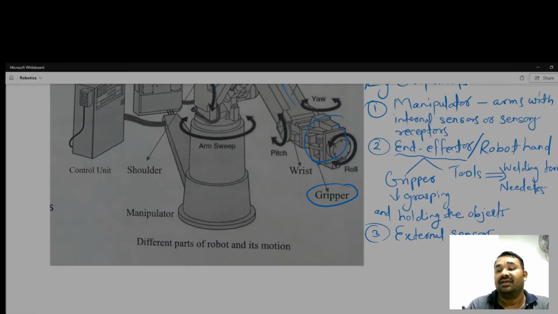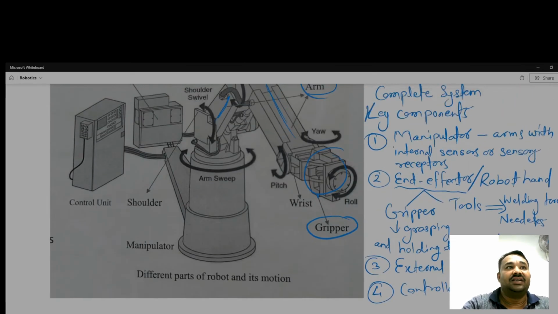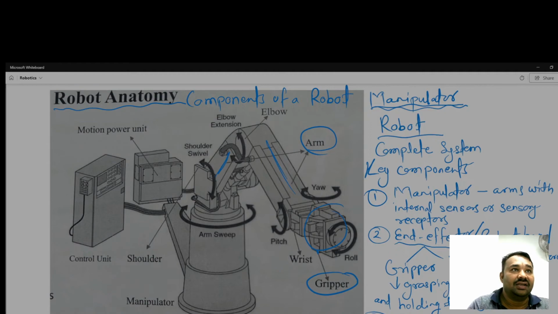And then the next one is the controller. So where is the controller? You can see here this component, the controller unit, and sensors. The sensors are not shown here. And what about the other parts?